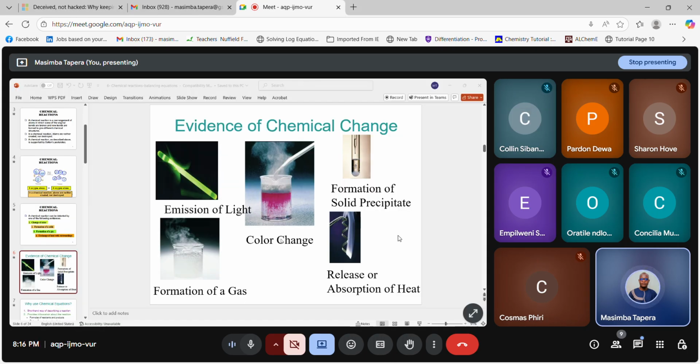We can also see this evidence, for example, emission of light here, color change, formation of a solid precipitate, there is evolution of gas, and there is a release or absorption of heat. Those are pieces of evidence which can tell us if a chemical reaction is really going on.